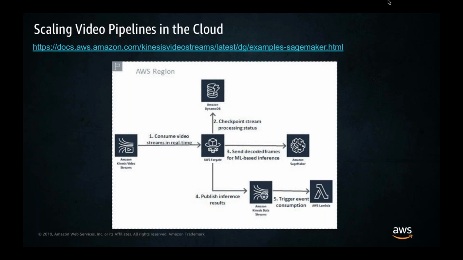The inference results are then streamed into a Kinesis data stream. And at this point, this is where the solution could be augmented. The inference results could be fed into a data lake and other databases for analytics. It could be merged with the video stream to create some enriched video feed.